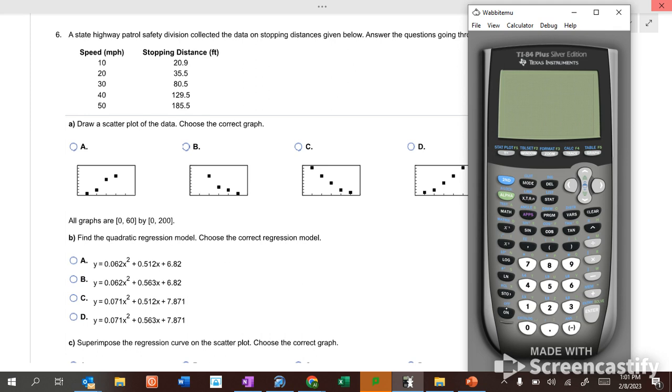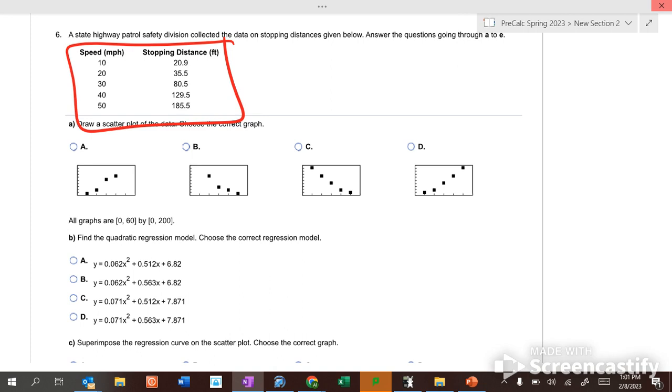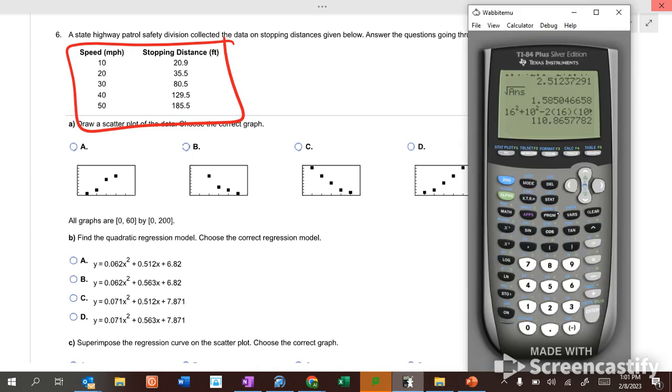All right. So if we have a table of values, then we go to list. No, not list, stat. Stat, and then edit our list. It's kind of a list of values. Then I'll punch in 10, 20, 30, 40, and 50.